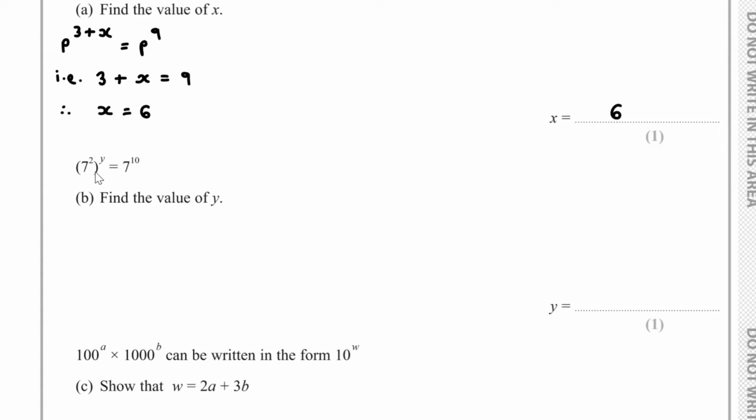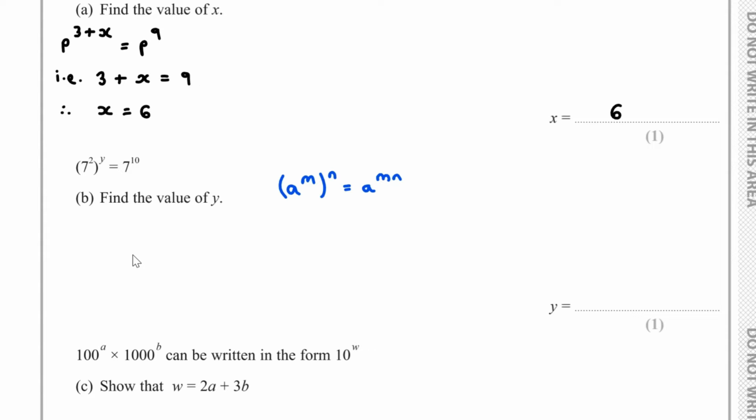Now for part B, we've got 7 squared to the power of y equals 7 to the power of 10. We have to find the value of y. Here we have to use the law of indices: a to the power of m to the power of n equals a to the power of mn. When we have a base to a power to another power, we multiply the powers.